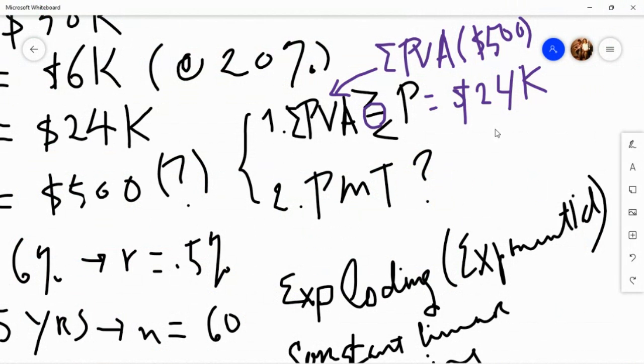With the interest, shouldn't I pay back more than 24K? No, you're not paying back 24K. You are actually paying back more.